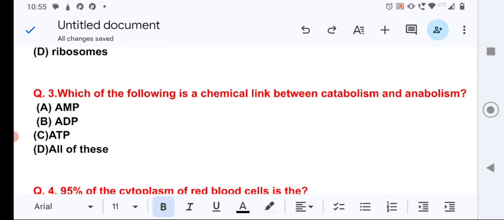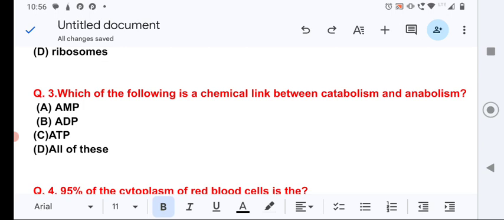The chemical link between the two phenomena of metabolism is ATP, which is also known as the energy currency.